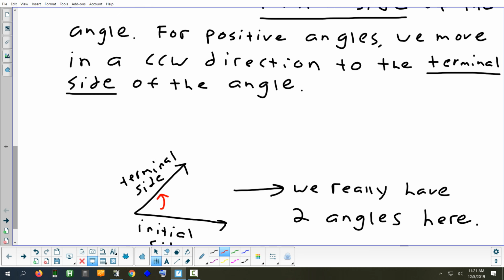Now, technically, when you look at this picture, we have two angles. You've got the angle inside. You also have this angle outside. Most of the time, when we're talking about an angle, it's the one that's between the rays, not the one on the outside.